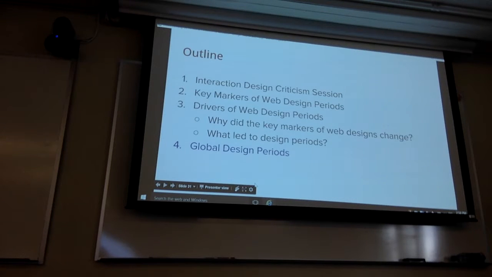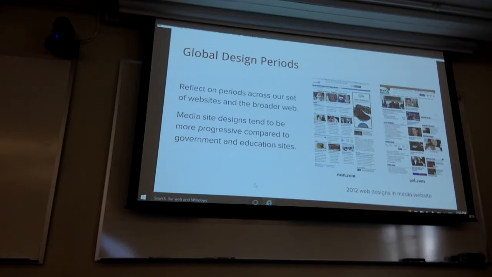After we got the key markers and asked for the drivers of the web design periods, we want to know whether there are some global design periods. We want to get some global design periods that reflect the periods across all of our websites and also the broader web. We are sure that there are some global design periods.